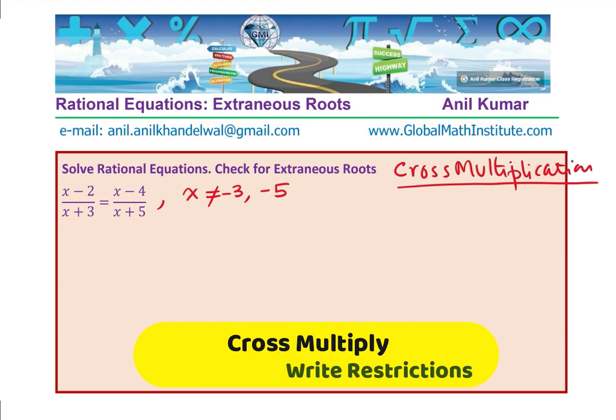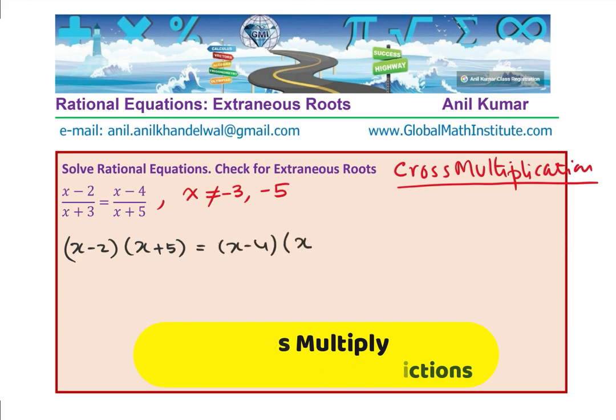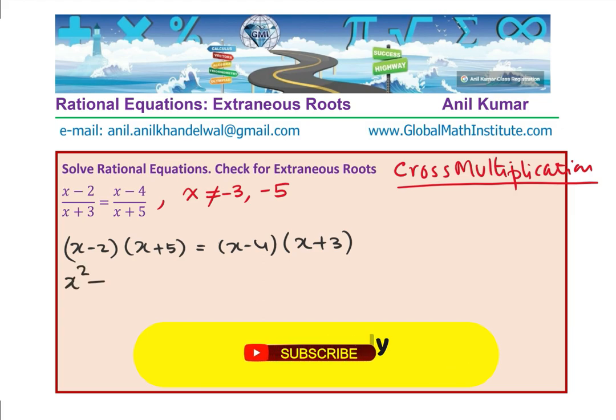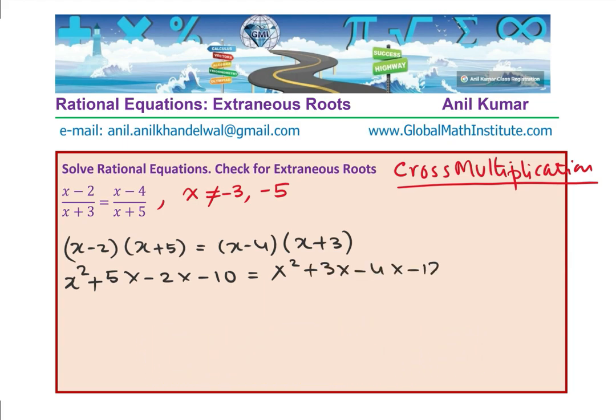Now let's cross multiply to solve. So we get x minus 2 times x plus 5 equals x minus 4 times x plus 3. Let's expand. We get x squared plus 5x minus 2x minus 10 equals x squared plus 3x minus 4x minus 12.